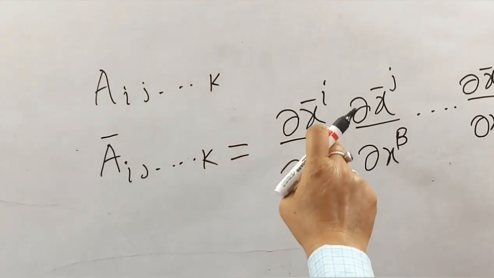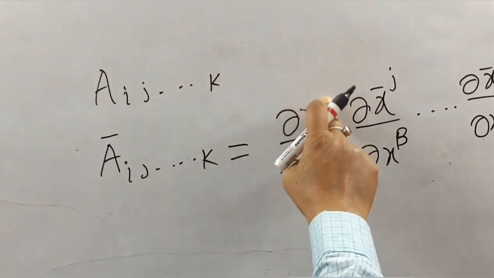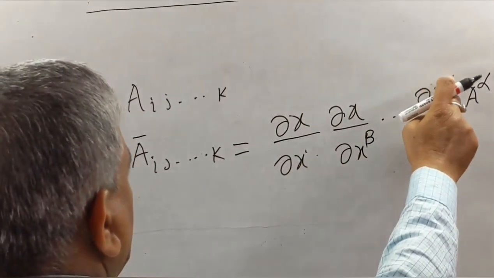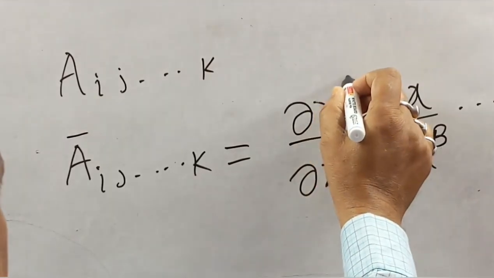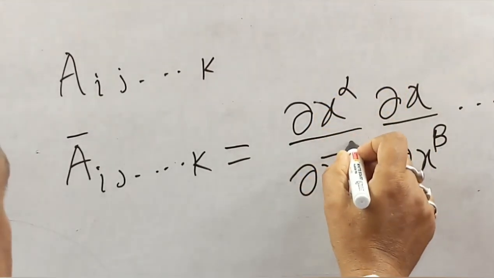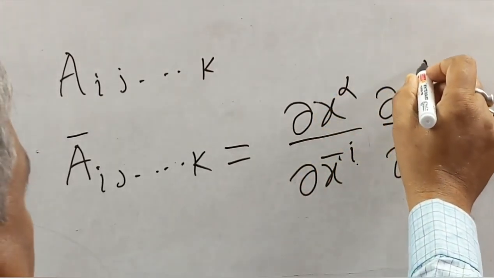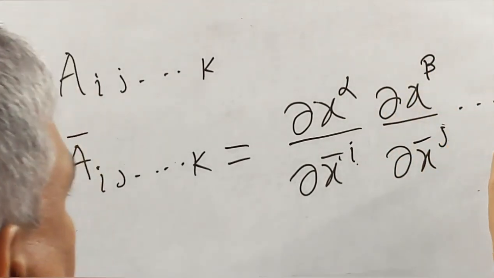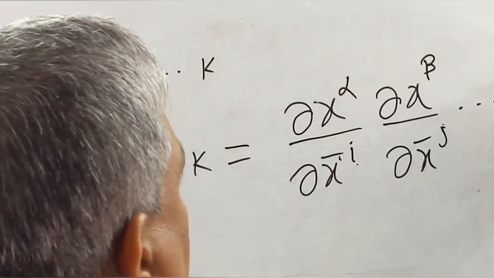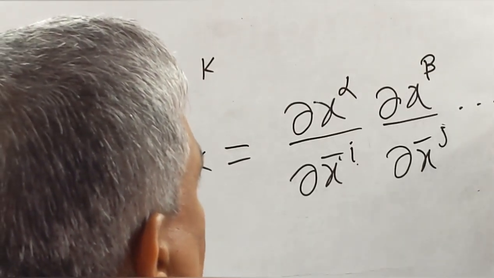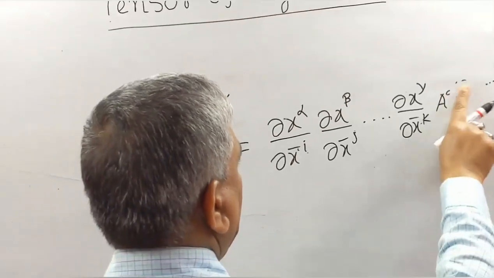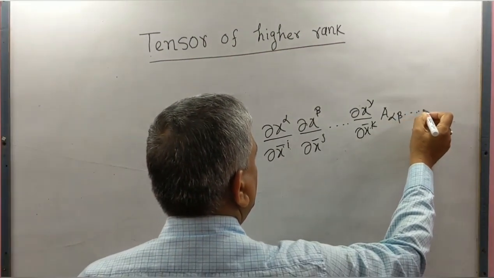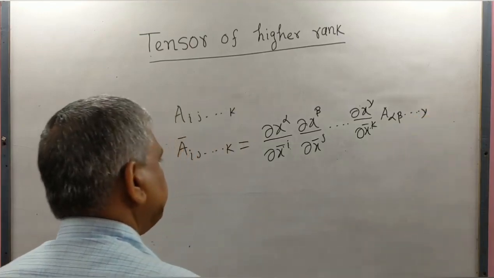According to the tensor law of transformation for a covariant tensor, we write del x alpha by del x bar i, del x beta by del x bar j, dot dot dot, del x gamma by del x bar k, A alpha beta dot dot dot gamma.